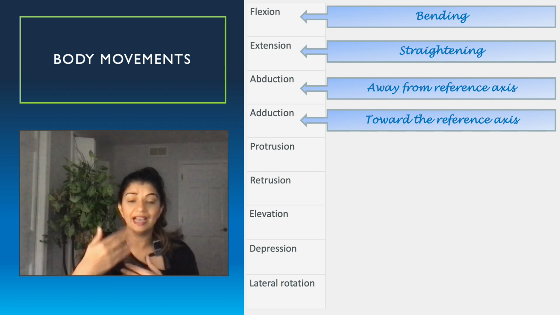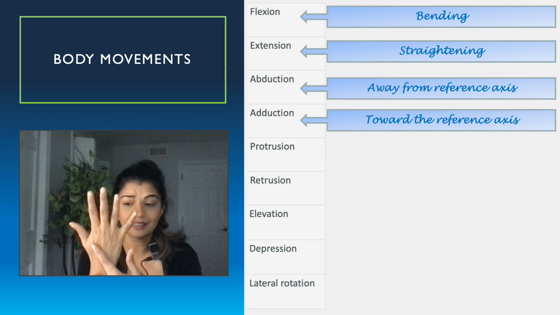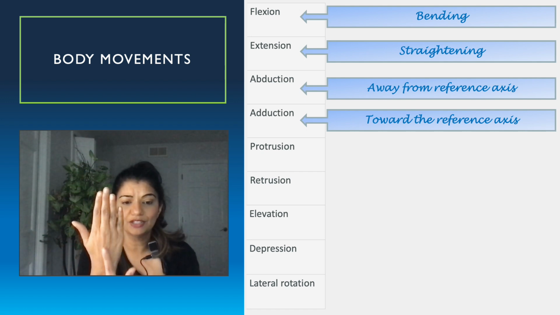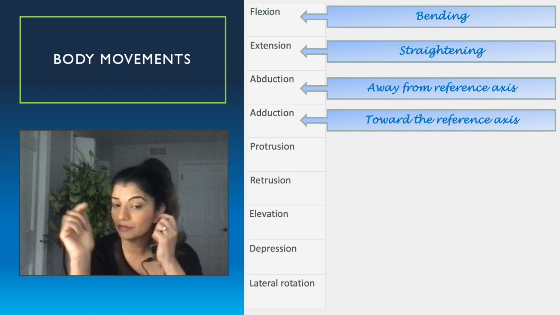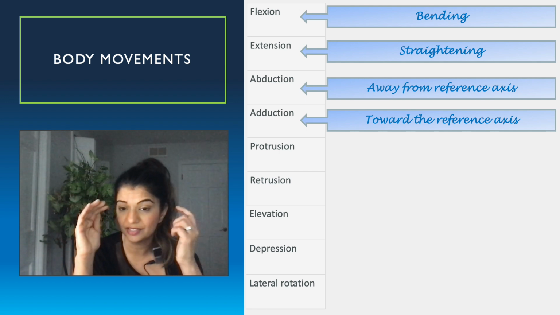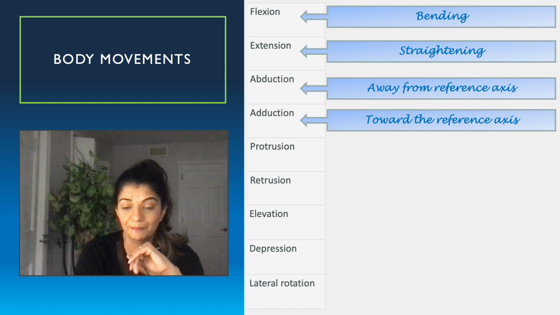But your reference axis could be in your hand. So let's just say this middle is my reference axis. And abduction here would be spreading my fingers apart. Adduction, on the other hand, would be going towards the reference point, right? So just remember, you do need to have some clarity over the reference axis.